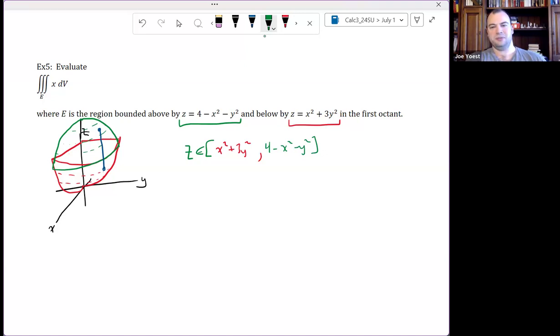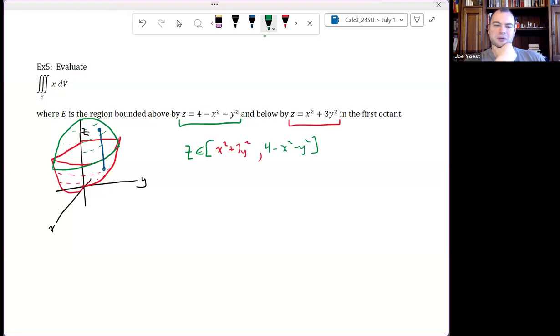I don't think there's really a better way to do this, maybe in polar, cylindrical, or spherical coordinates, but we haven't gotten there yet. I don't think we would want to let y depend on x and z, or x depend on y and z. So z will end up being the innermost integral.